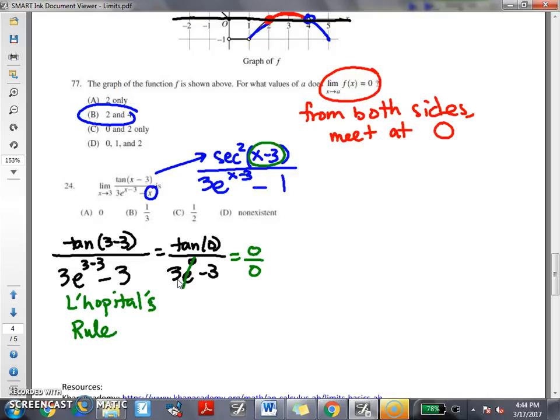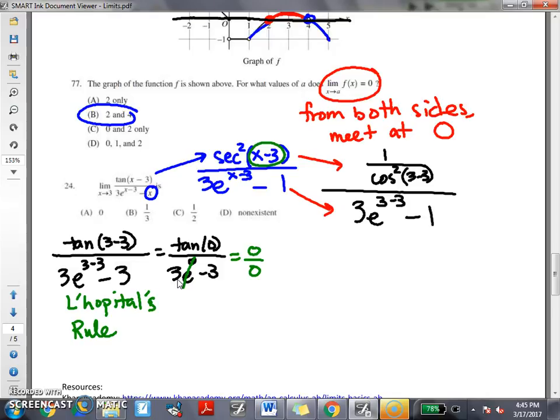Okay, so I'm going to plug in 3 and see what I can get here. For secant squared, I want you guys to remember that that's the same as 1 over cosine squared. So I'm going to plug in 3 minus 3 here, all over, I'm going to plug in 3e to the 3 minus 3 minus 1. All right, let's try our best. This is going to become 1 over cosine squared of 0. This is going to become 3e to the 0 minus 1.